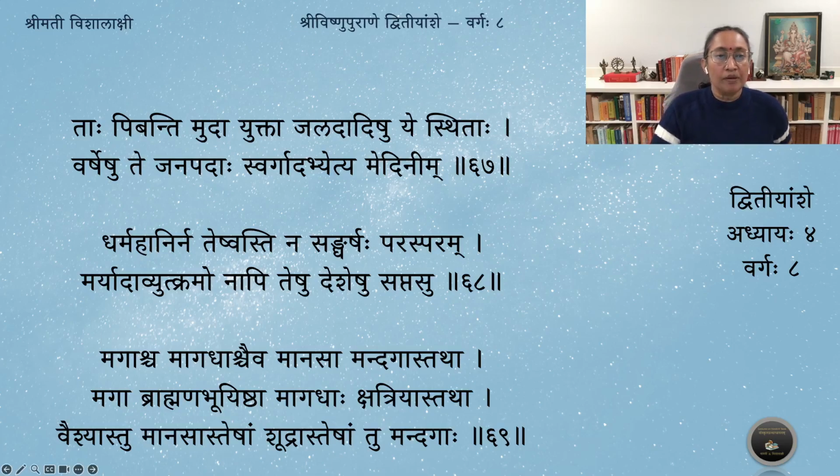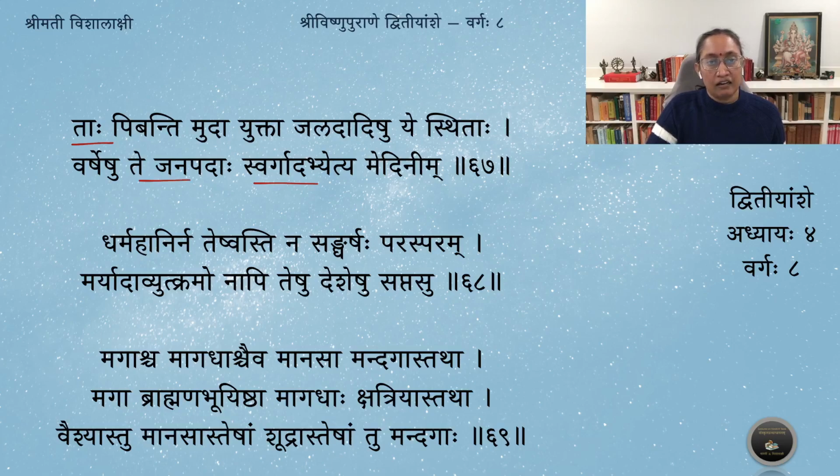So taha pibanti ityukte atra nadinam nama tu uktam purvam, taha nadyaha pibanti. They drink water from those rivers, those people who come from swargam.